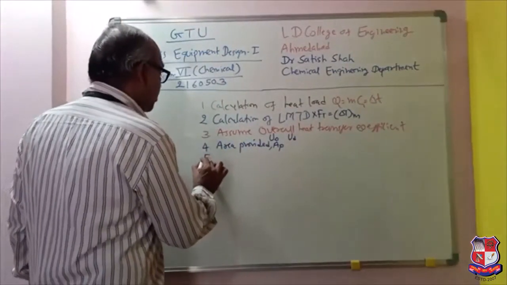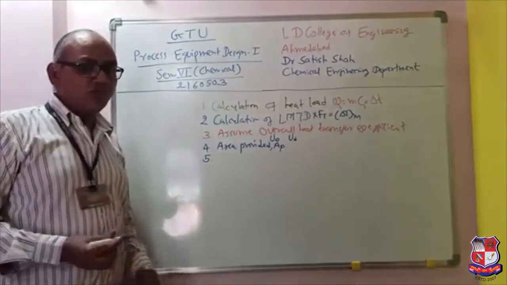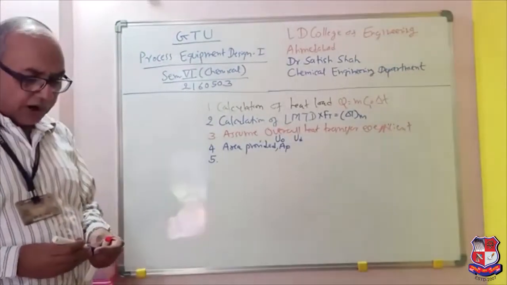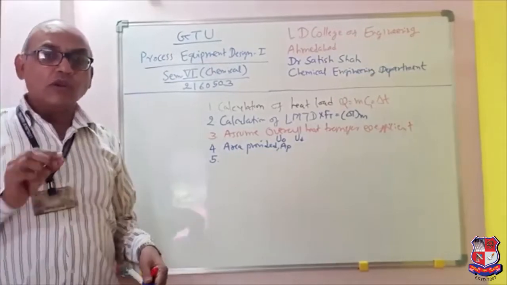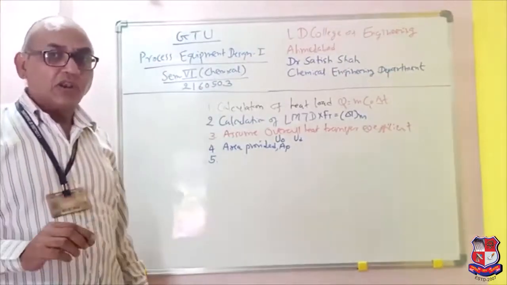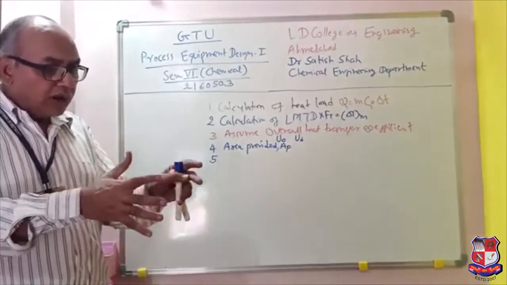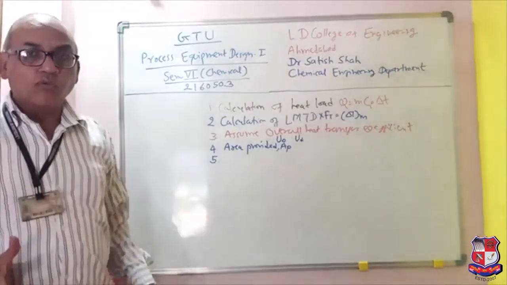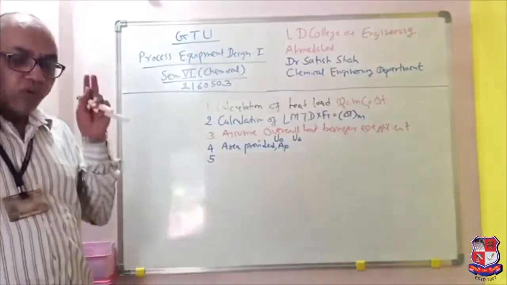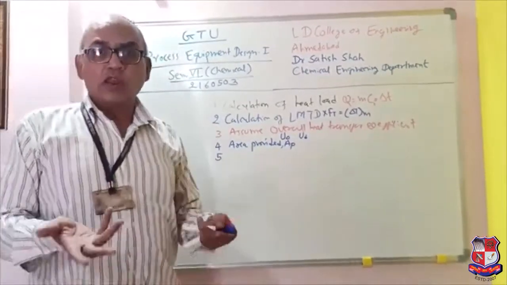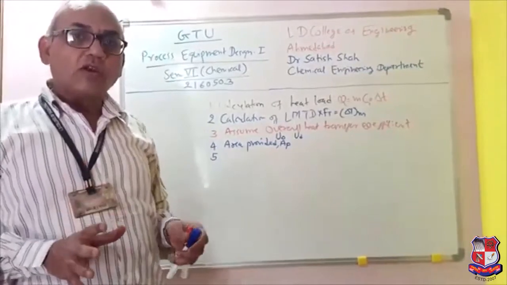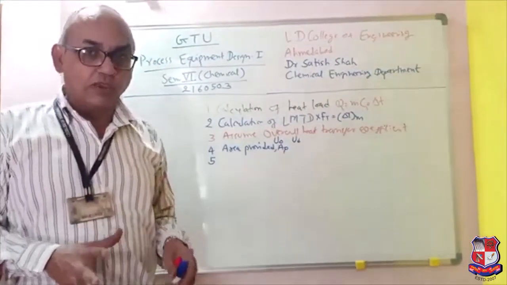Then the next step. Once you calculate the area provided, and from that you have found out the number of tubes by knowing the value of tube outer diameter and tube length, your overall heat exchanger is ready. It means now you have in your mind the picture of the shell and tube heat exchanger, based on our assumption of UD.